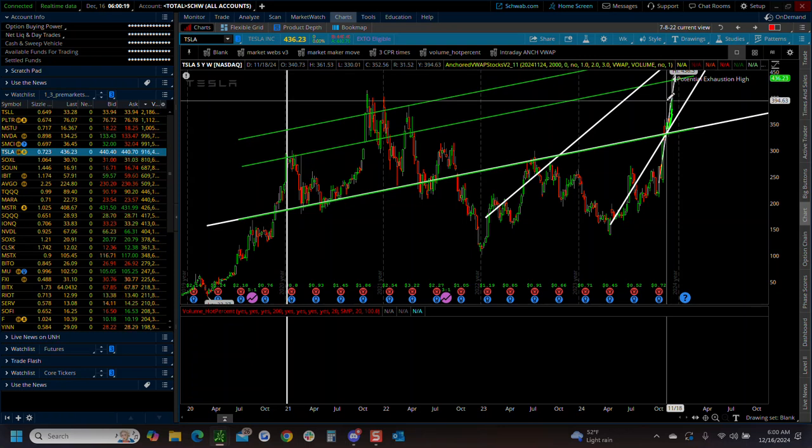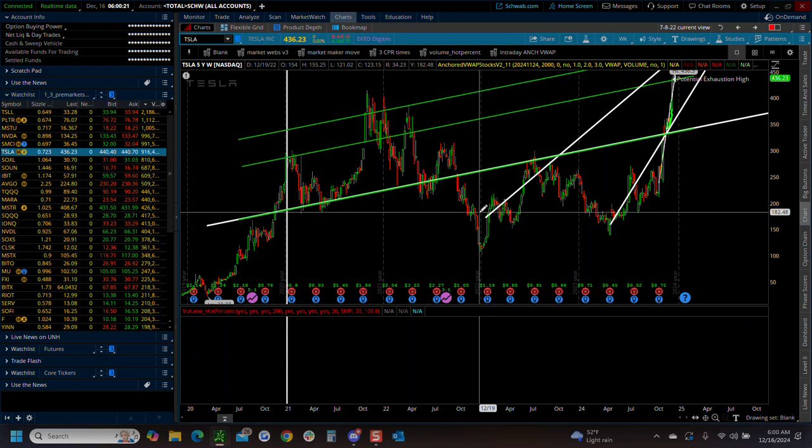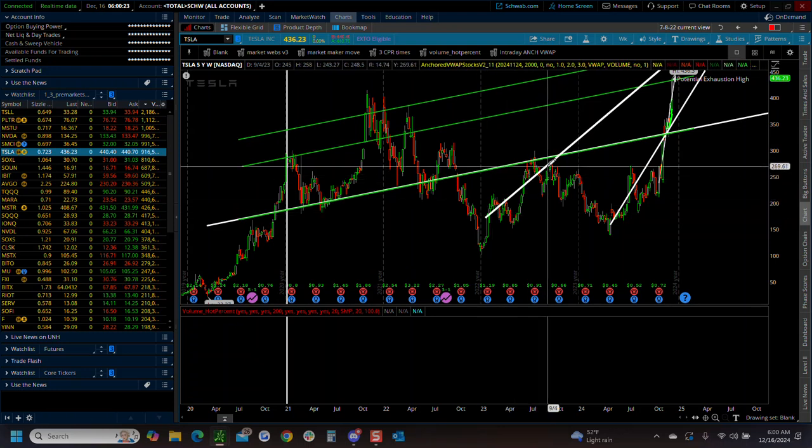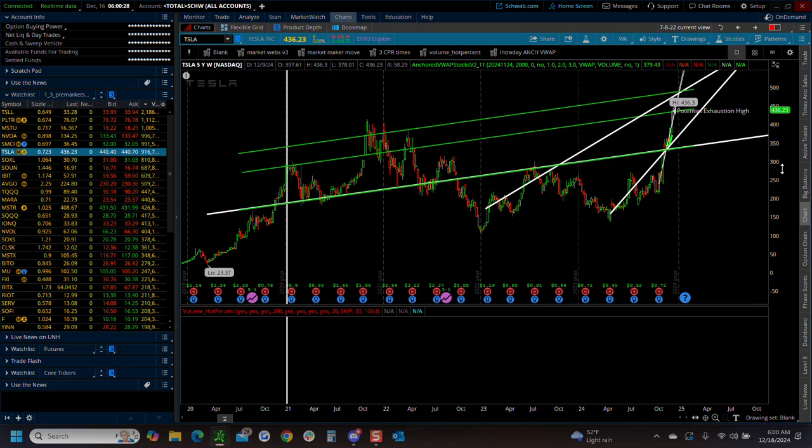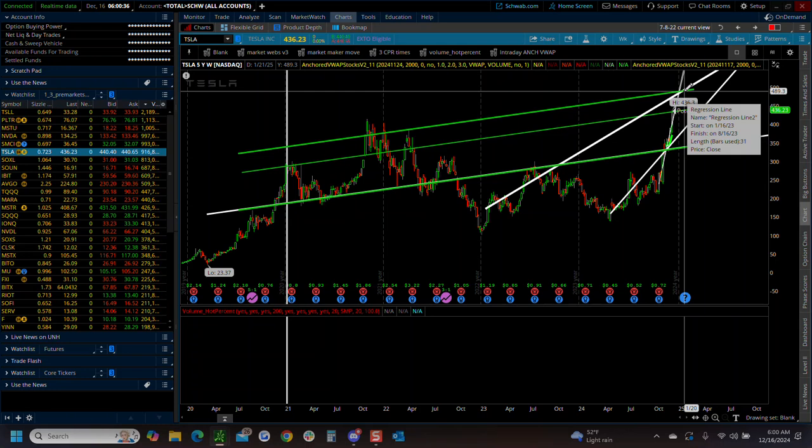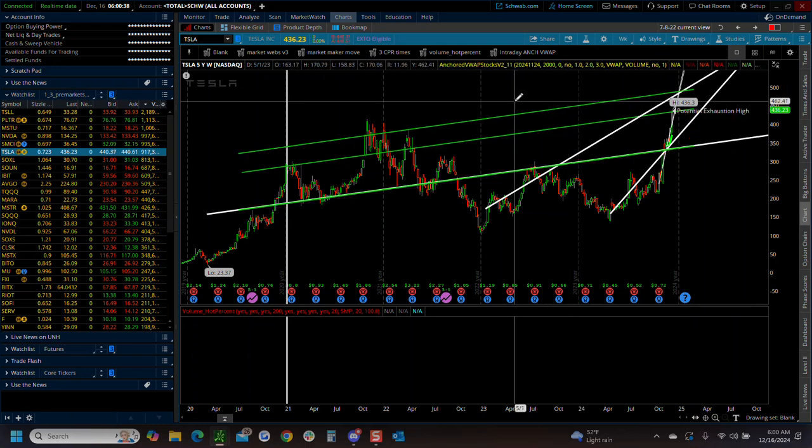And actually, if you go with your regression line right there, it's just as likely that we come up into this next zone on the channel, which would be pushing the $500 mark. So heads up on that. The momentum is strong on Tesla, so we could actually be pushing for the $500 mark.